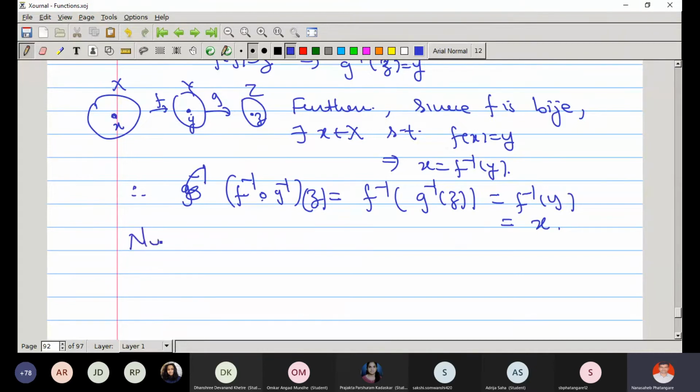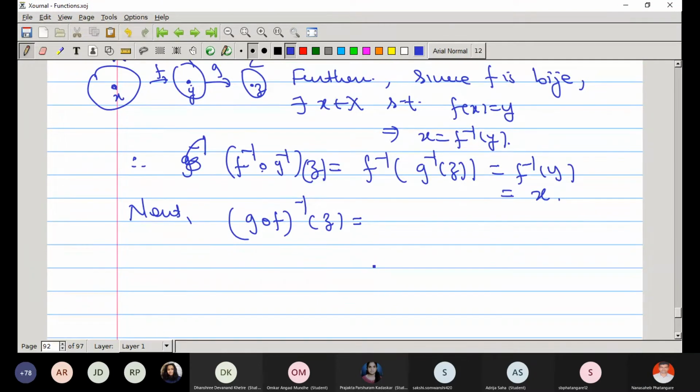Next, what is G composite F applied to this particular X?